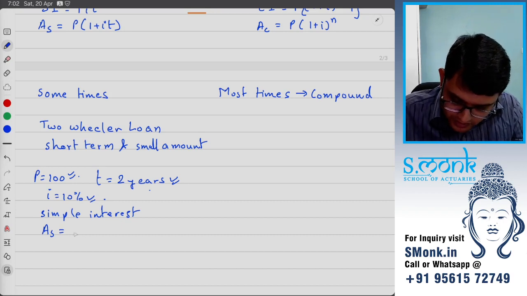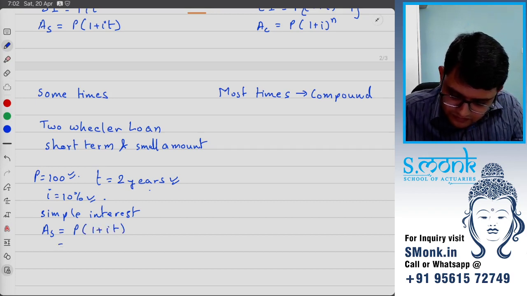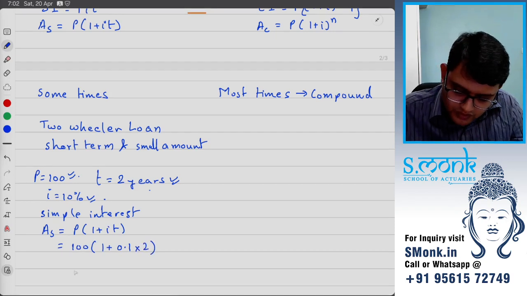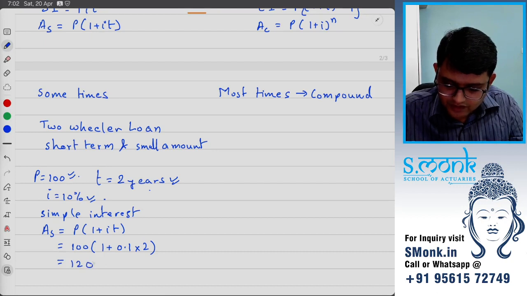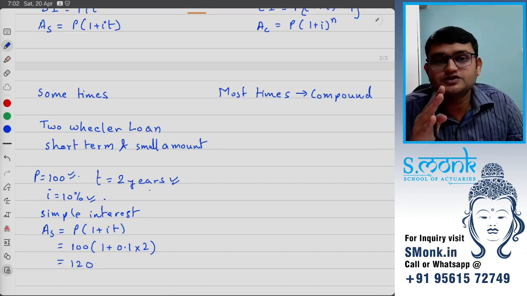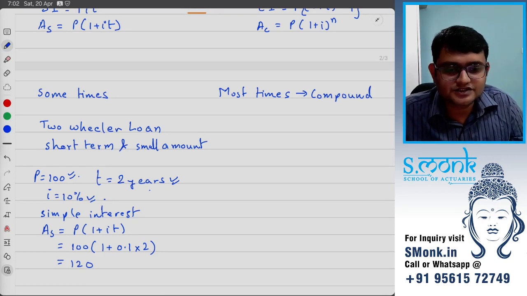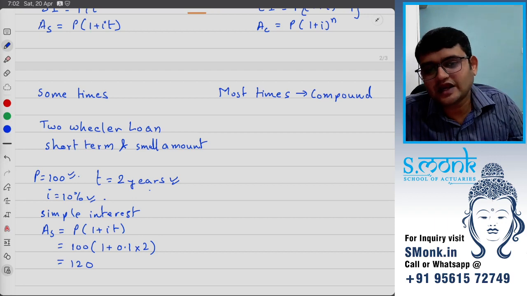Okay, so here I can say P into (1 plus IT), that is 100 into (1 plus 0.1 into 2), 10% will be 0.1, and that is just 120. 10 rupees per year per 100, that is the interest. Right. So I did not need any calculators.